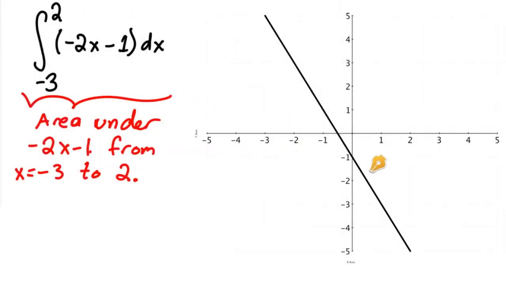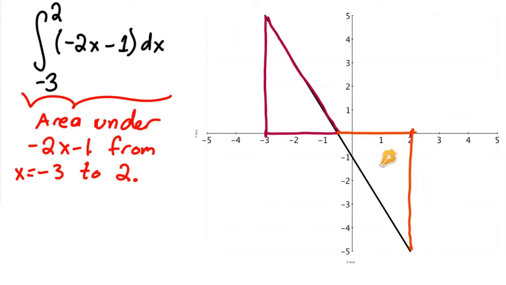Okay, so here we have our picture, and let me draw in the area. We're going from negative 3 to positive 2, and if I draw this area, it looks like you've got two triangles, right?